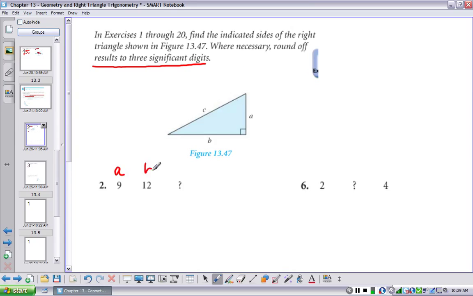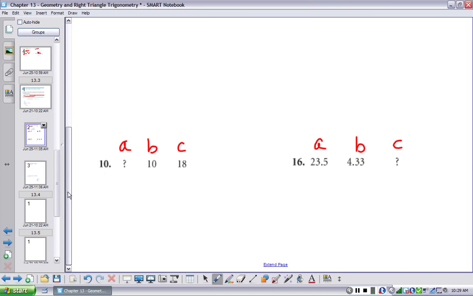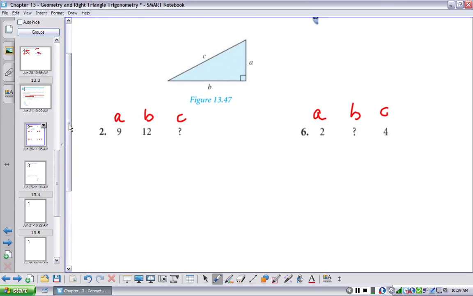Here this is A, B, C. C in these problems is our hypotenuse. Remember, we're looking at A squared plus B squared equals C squared.